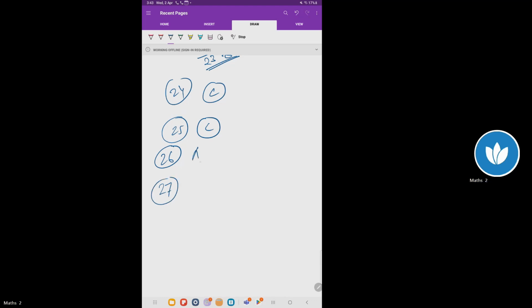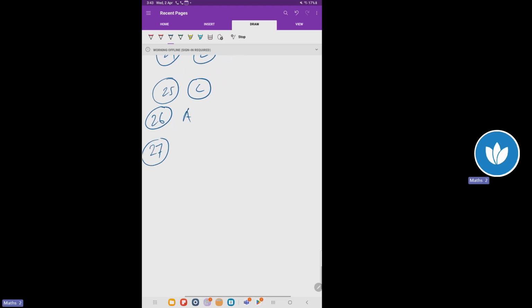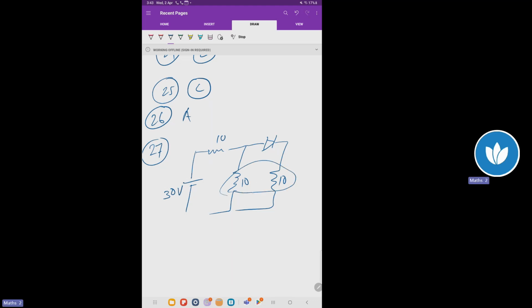27. In the figure, find the potential difference between A and B. These 10 and 10 are in series, so the net resistance is 5, and this is 10.